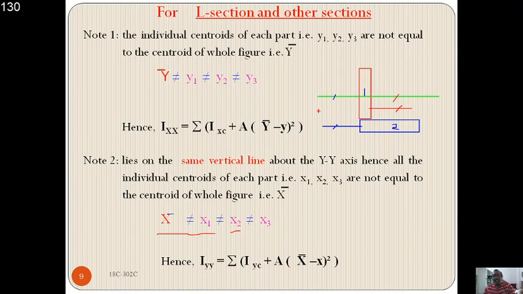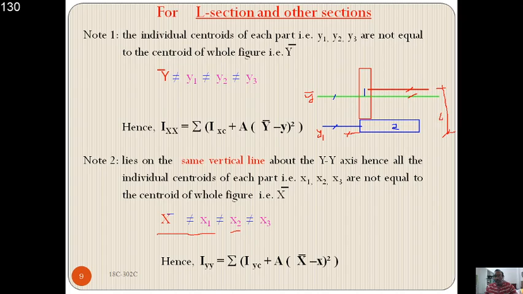So there will obviously be a difference of the centroids. Somewhere here, let us say. So these are the differences we are having. This total y bar is not equal to y1, right? This is the y1 distance, and for the y2, this is the y2 from this point to this point.